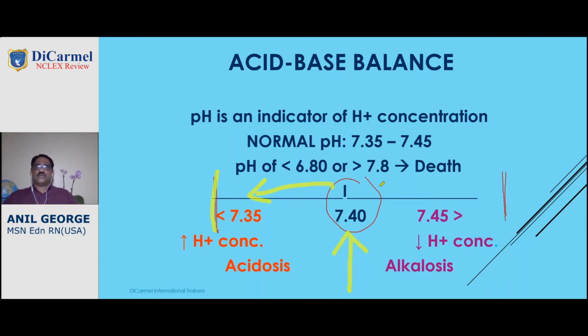And the same when it goes up, to 7.45. Even though it is normal, it is leaning towards the alkalotic side. So yes, that's what you see: acidosis to the left and alkalosis to the right.